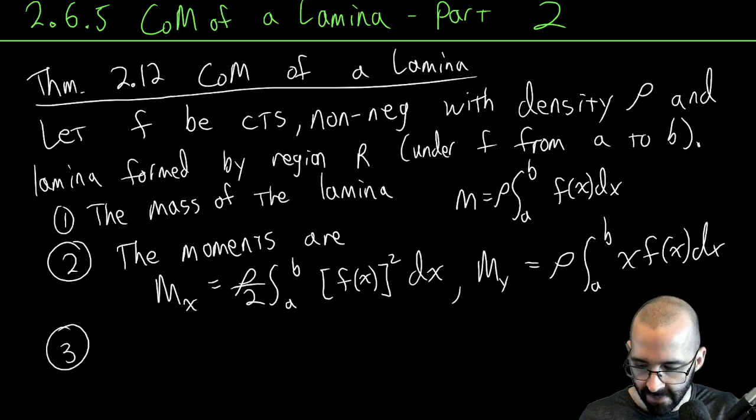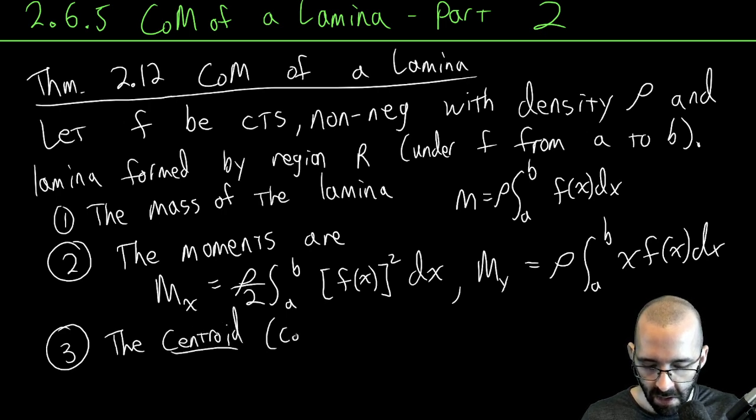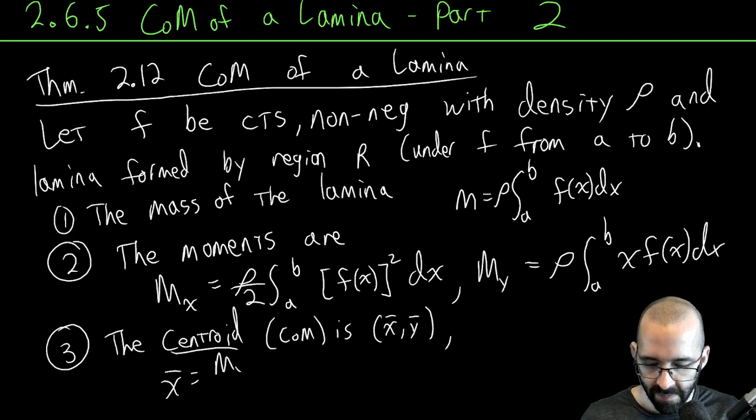And finally, the center of mass, or the centroid, remember for a lamina, they're the same, is x bar, y bar, where x bar is just exactly what it was before, M y over m, and y bar is M x over m.